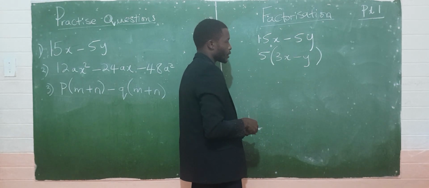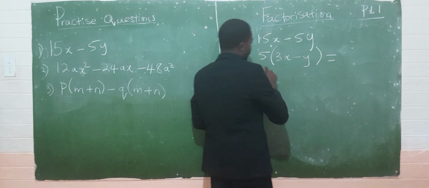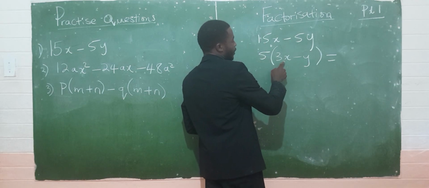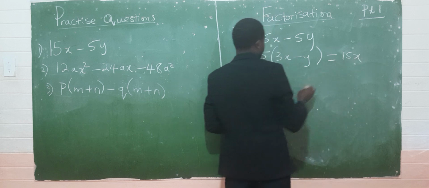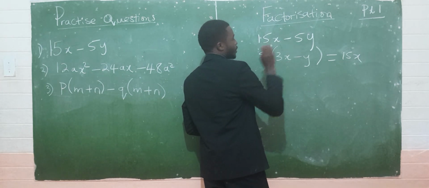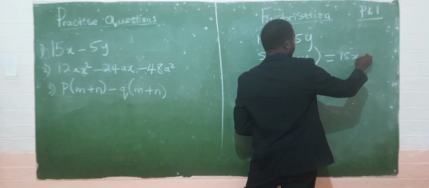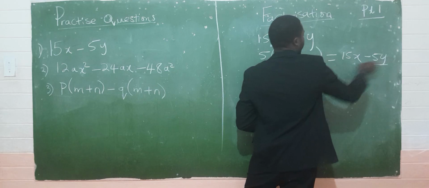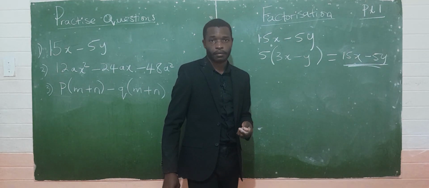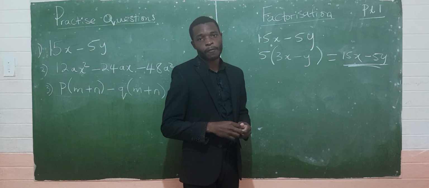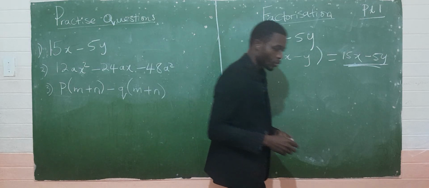You can prove it for yourself. 5 times 3x gives us 15x, and 5 times negative y gives us negative 5y, which is the exact equivalent of what we started with. That's how you perform factorization. Let's go to the next question.